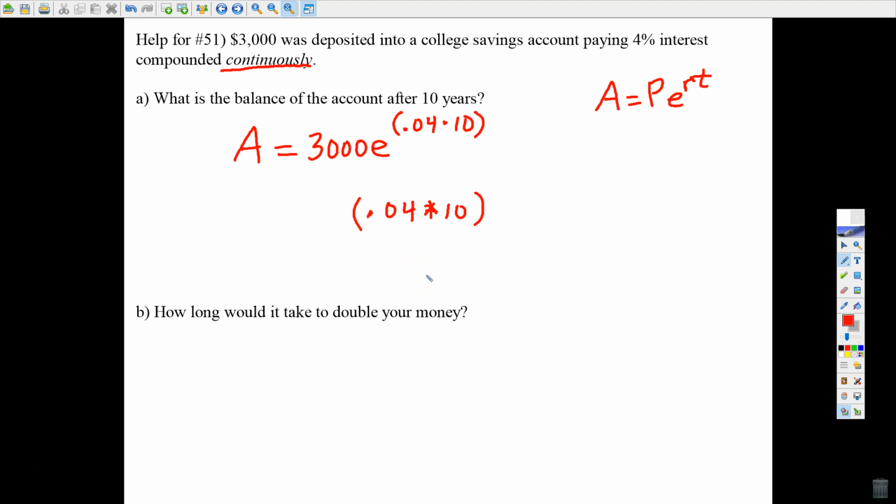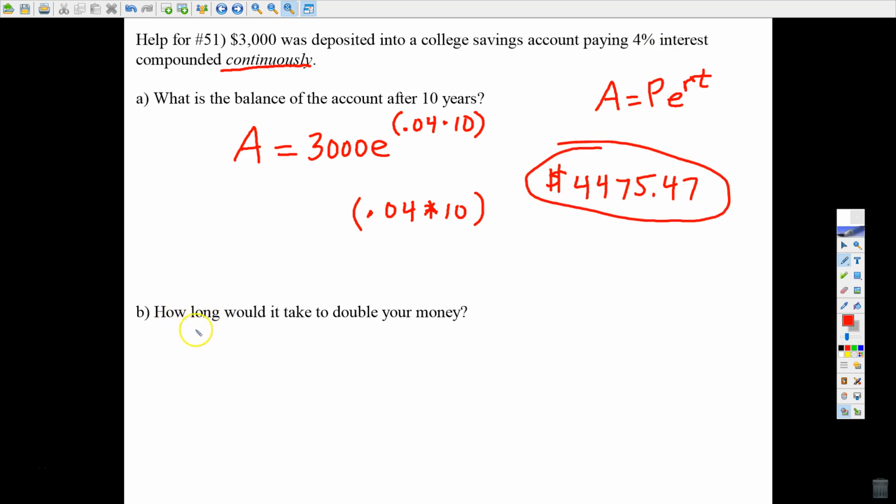All right, and hit enter. And the amount that you should show on your calculator, and we always round these interest problems to the nearest penny, is 4,475 and 47 cents. Okay, that's how much an original investment of 3,000 grew to become after 10 years of continuously compounded interest at 4%.